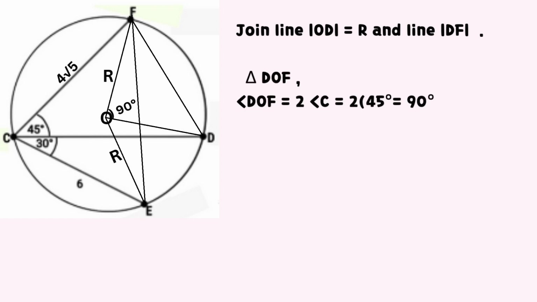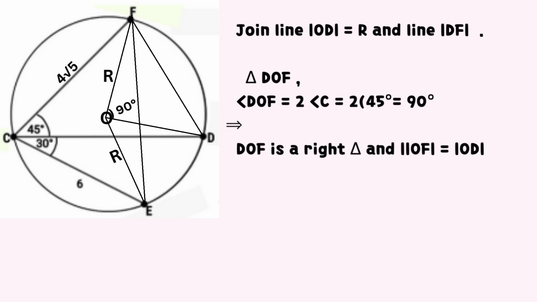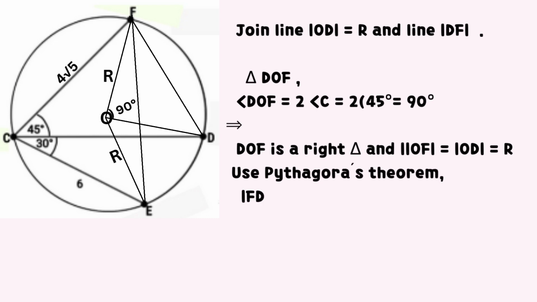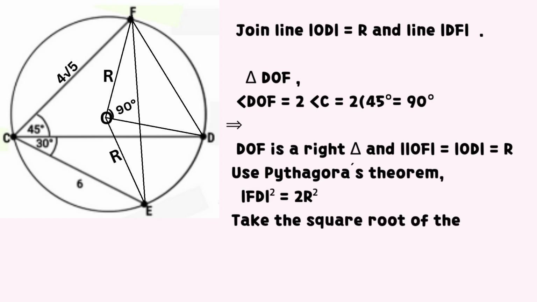Join line OD equals R and line DF. Triangle DOF: angle DOF equals the product of 2 and angle C, which equals 90 degrees. It follows that DOF is a right triangle and line OF equals line OD, which equals R. Use Pythagoras theorem.